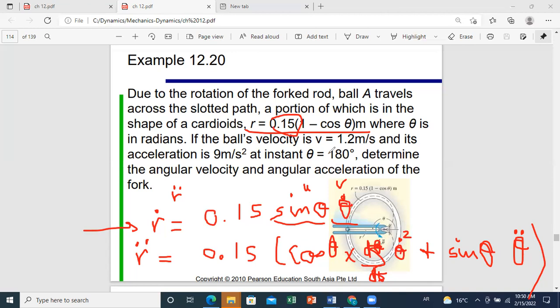Cosine of 180 is -1, and sine of 180 is 0, so this term will cancel out. So for 180 degrees, r dot dot is minus 0.15 theta dot square. And we already got theta dot from the previous step, so you can get the value of r dot dot.